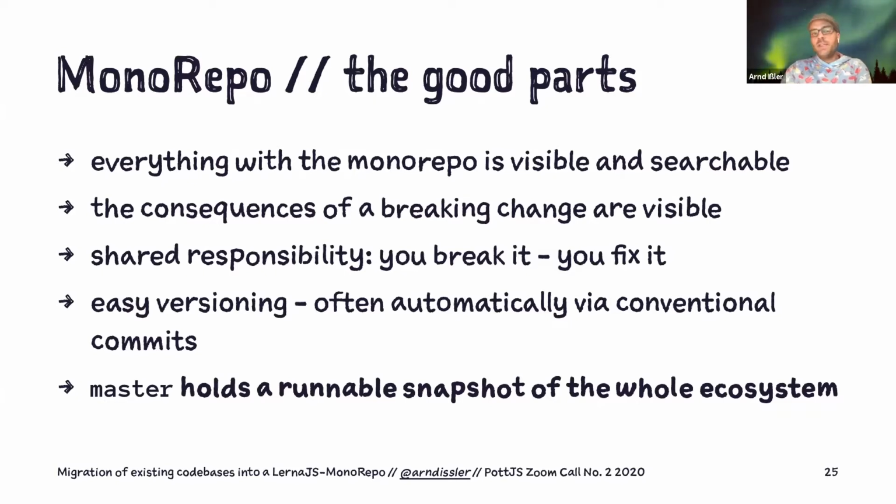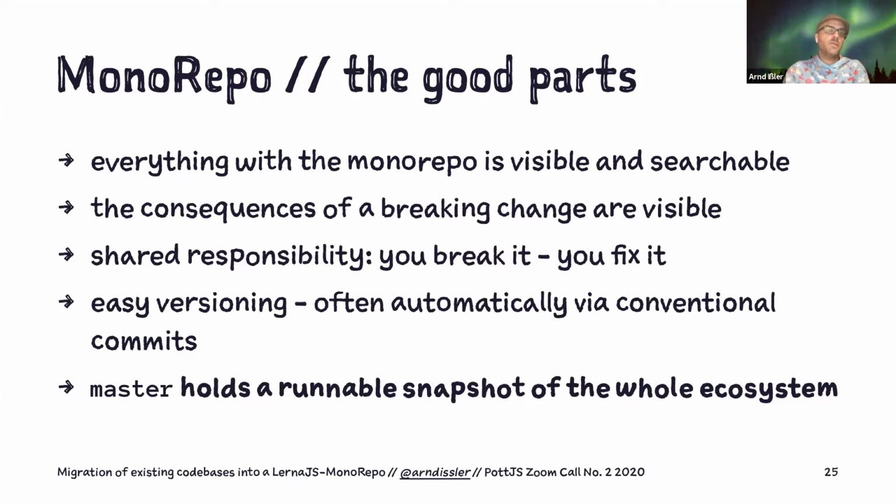So versioning should be easy, because hopefully the MonoRepo management tool is doing this for you, maybe with conventional commits. So it's derived from the commit history which version is set next when you publish anything. And yeah, master holds a runnable snapshot of the whole ecosystem.